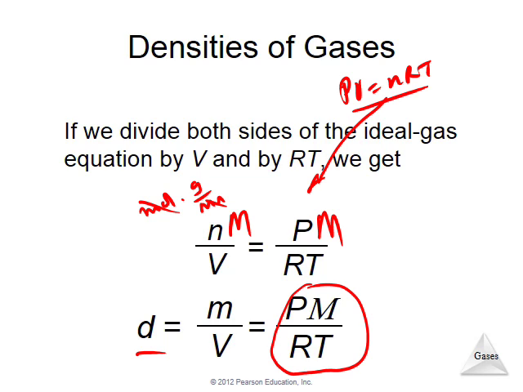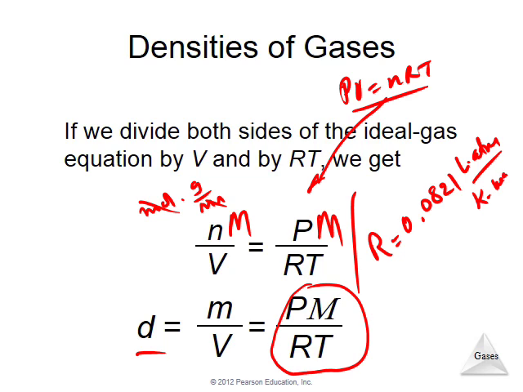R has a fixed number, 0.0821 liter atmosphere per Kelvin per mole. So let me write down the constant value, even though I gave that to you before, 0.0821 liter atmosphere per Kelvin per mole.